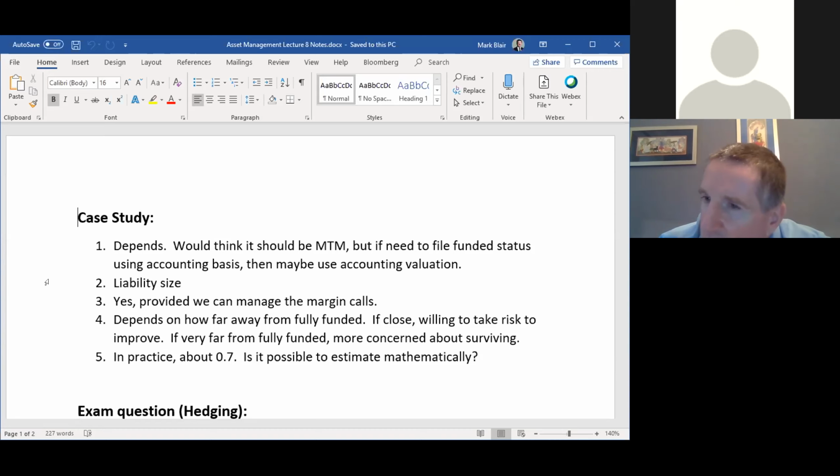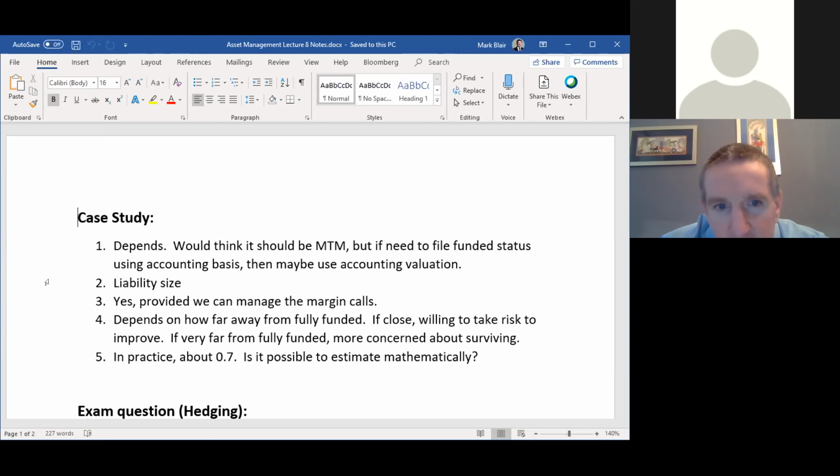And then the other question was, if I'm not fully funded and then I become even more underfunded, should my strategy be to take more risk to try to catch up, or should I hedge more so I track my liabilities closer?